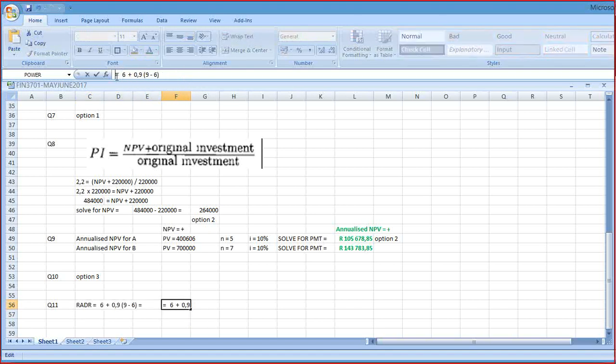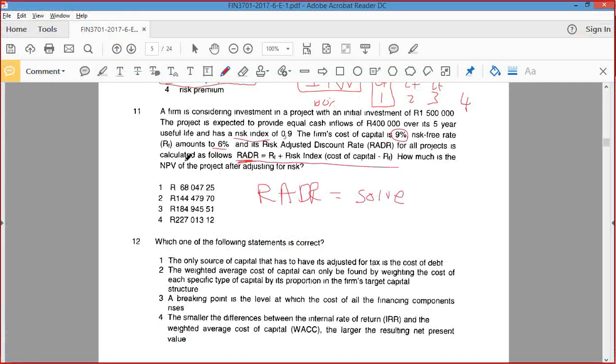So is the beta coefficient effectively the 0.9? The 0.9 is the risk index, so it's slightly less risky than the market, basically. But in CAPM, it talks about the risk-free rate plus the beta coefficient times the market return minus the risk-free rate.